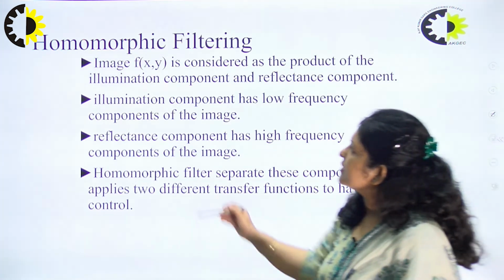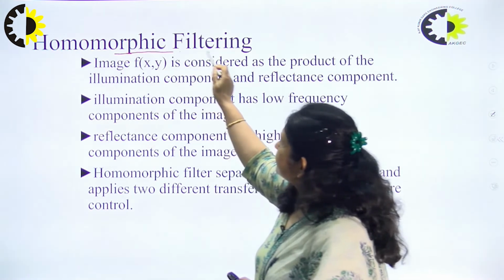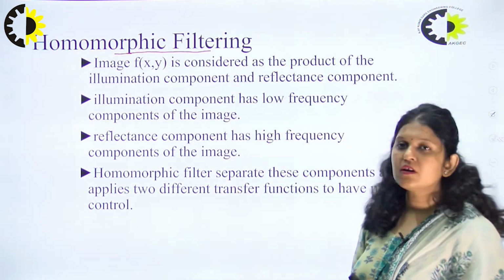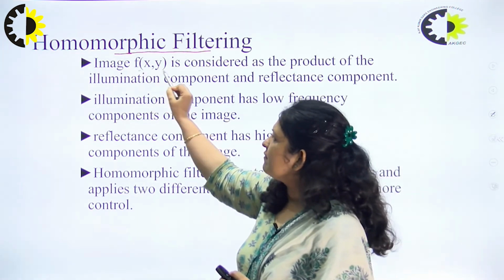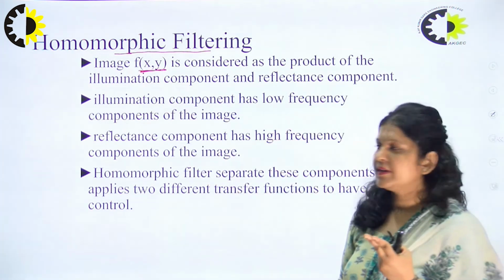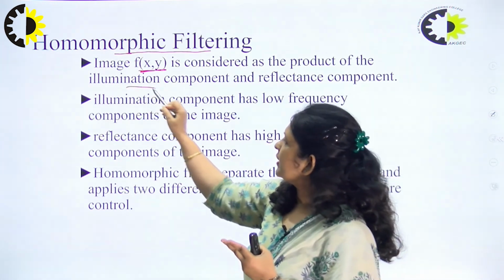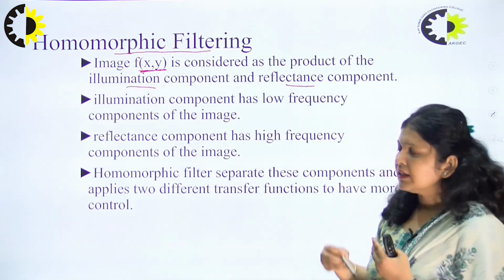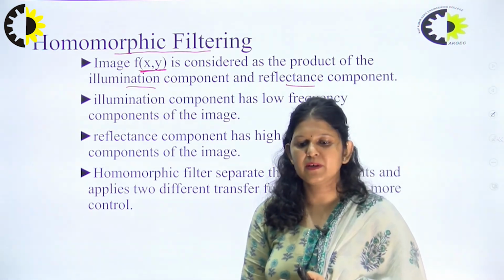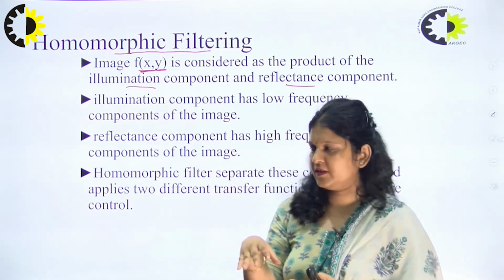Now let's see the next topic within this, homomorphic filtering. It's a very important topic. When we talk about the image f of x comma y in the spatial domain, it's a product of two components: the illumination and the reflectance. Illumination is how much light we are able to see on a particular point on the surface.